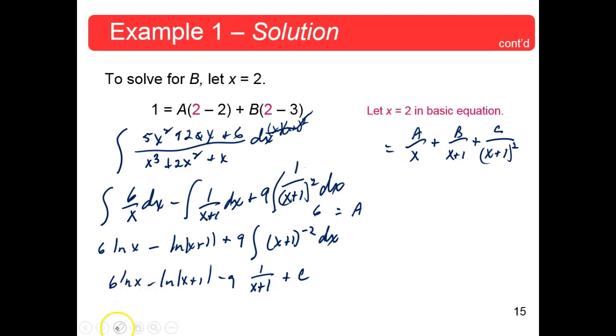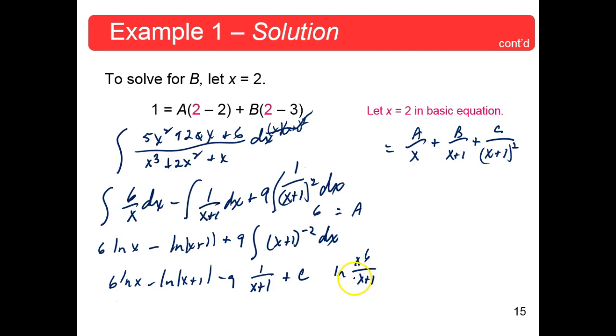All right. Let's see if we can get this in a little bit nicer form. I don't know if this is any nicer or not, but I kind of like it better. This can be written as log x to the 6th power, and then those two can be the log of x to the 6th over x plus 1.